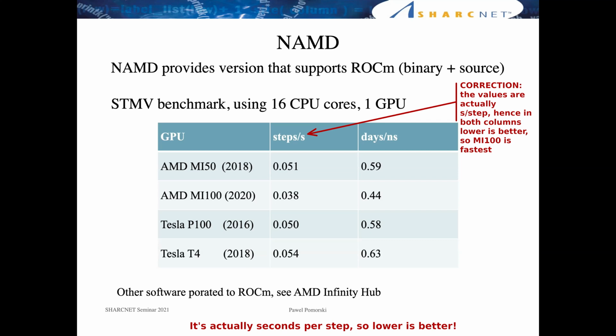Steps per second is a number where higher is better. The MI50 and the P100 have basically the same performance. And the Tesla T4 card, which is a little bit newer version of Tesla, which is single precision only, is about the same. If you want to see what software is available, I definitely suggest checking out AMD Infinity Hub.